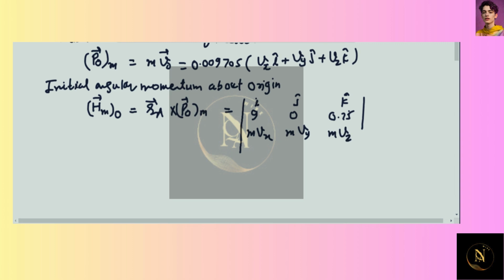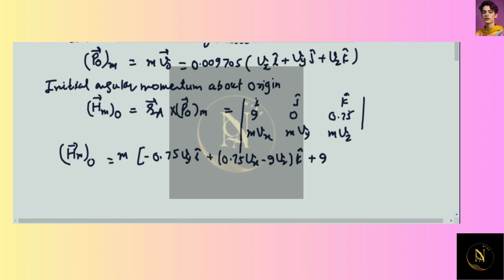So it will be m times minus 0.75 Vy i cap plus 0.75 Vx minus 9 Vz j cap plus 9 Vy k cap. See equation 1.